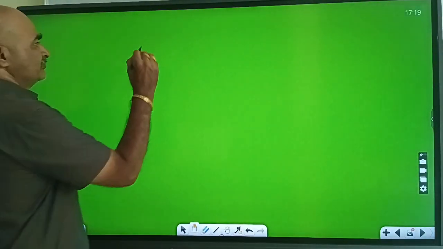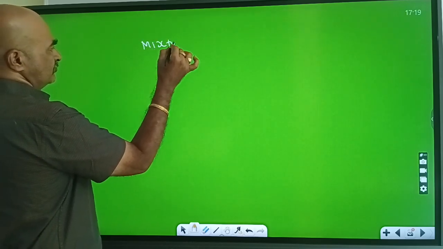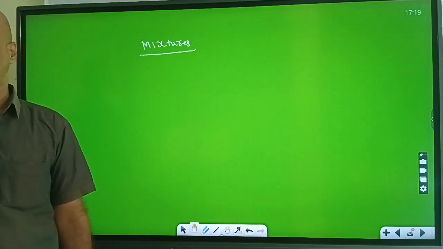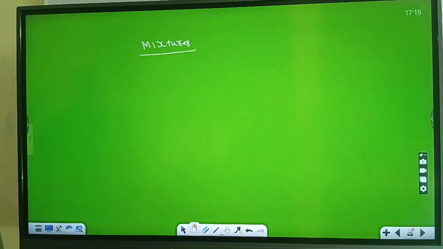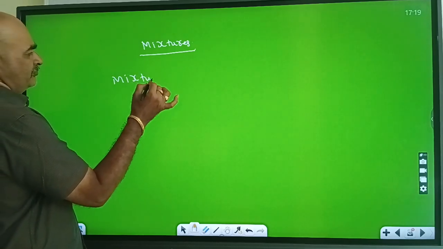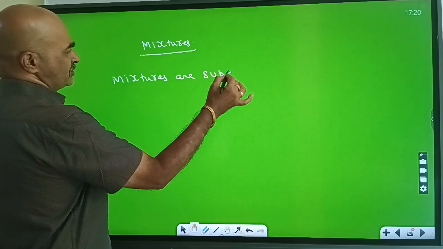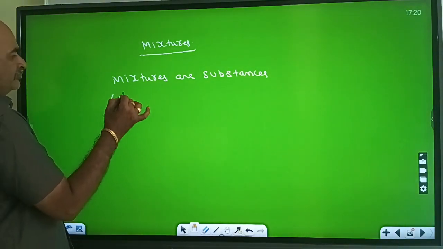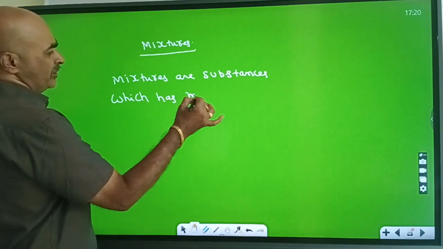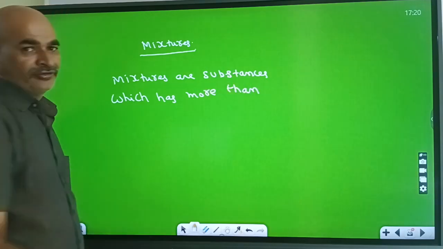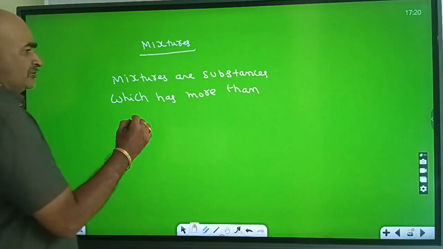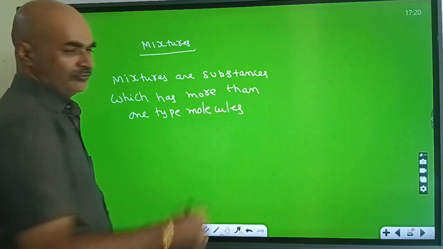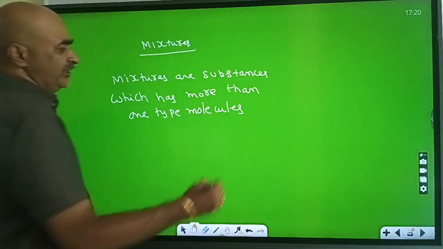Next, mixtures. Generally, mixtures are substances which have more than one type of molecule present in them.